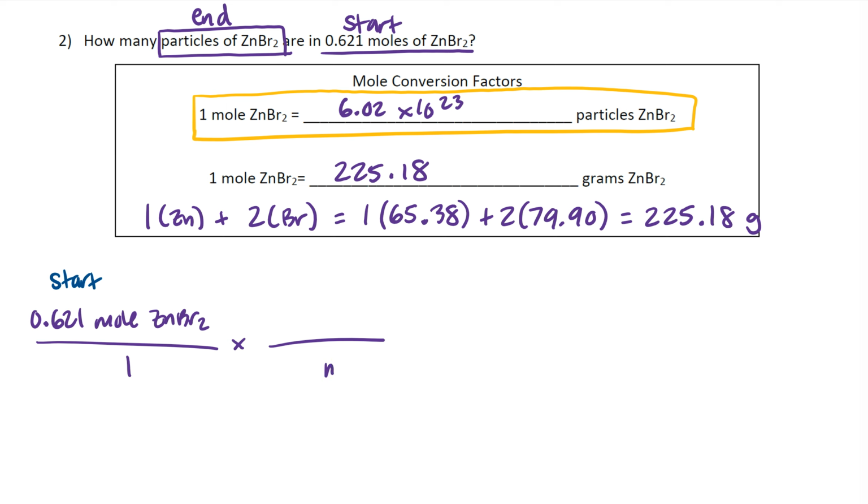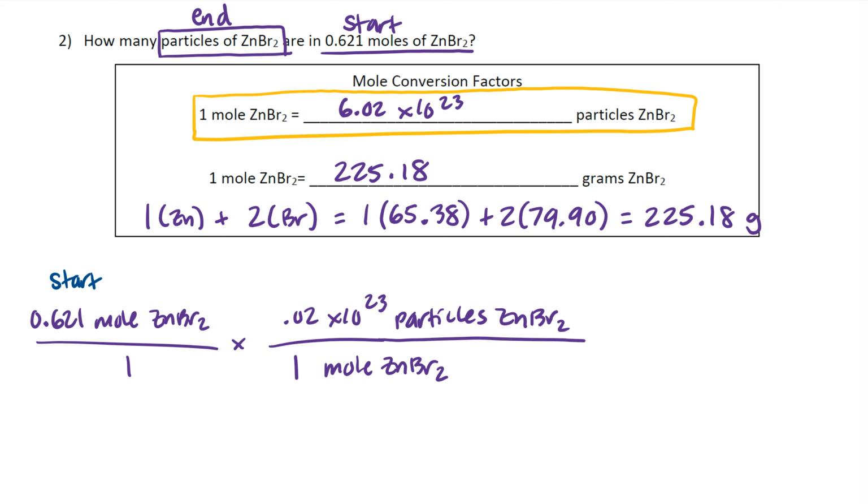I know that we're going to have to put moles on the bottom because we need the moles to cancel out. And that's 1 mole from that yellow box. Okay, look at the number in front. It just says 1 mole. And that's equal to 6.02 times 10 to the 23rd particles of zinc bromide.